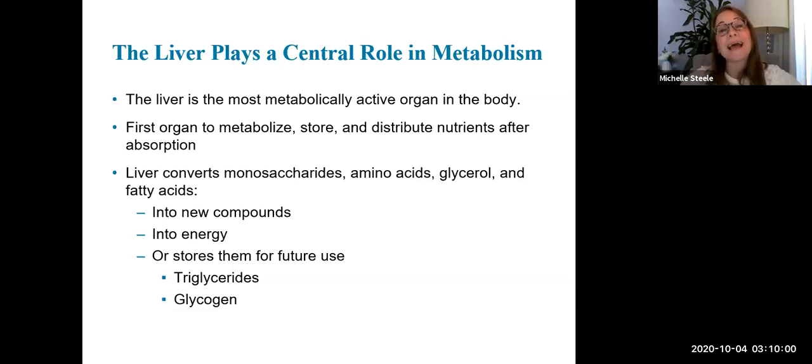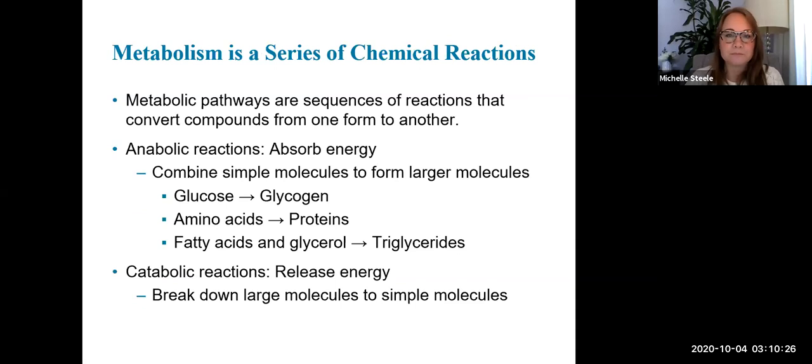I'm going to take that excess glucose and make glycogen. I'm going to store that glycogen in the liver and in the muscles. And I can also store any excess nutrients as fat or triglycerides. So the liver is making decisions as far as what the body's needs are in terms of how it's going to oversee our overall metabolism in the body.